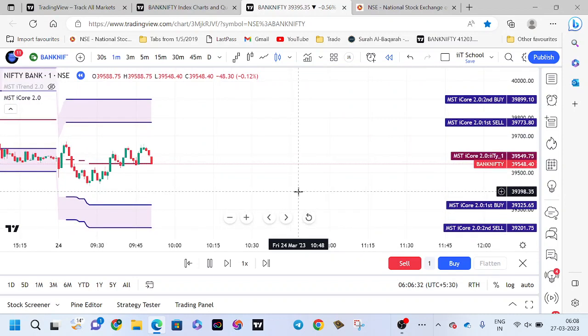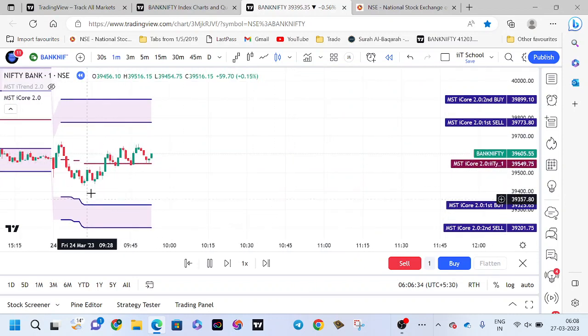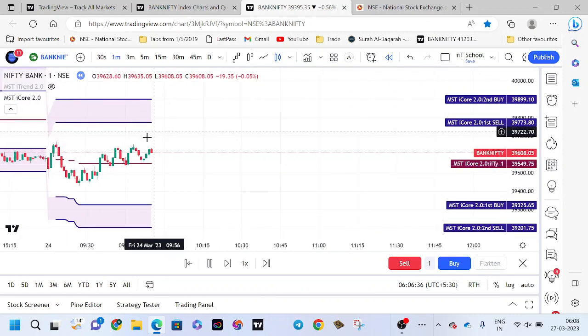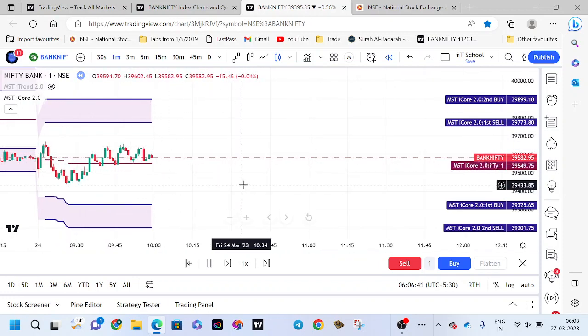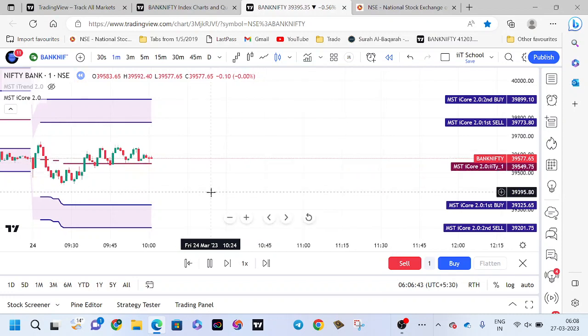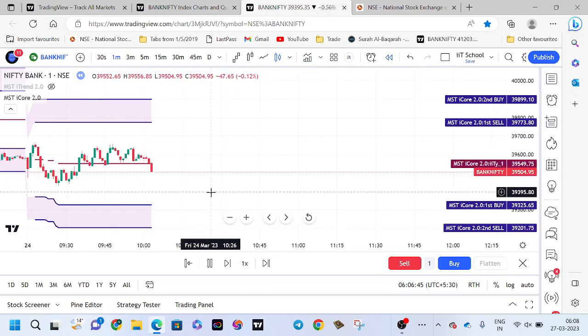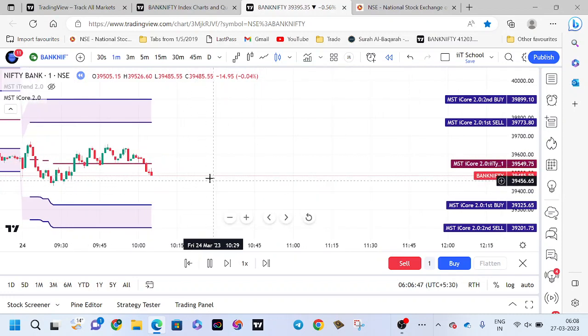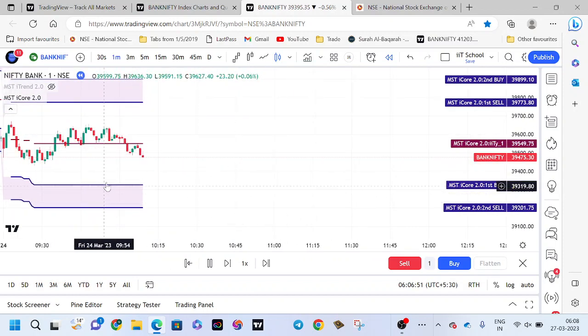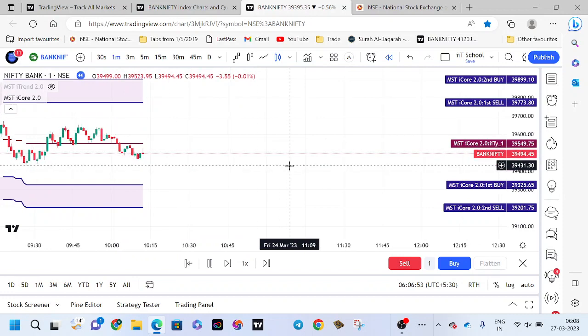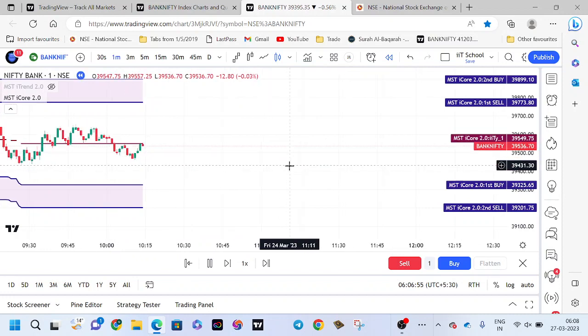That is one option. Another option, if the market is going to the upper side, near 39,773, we can buy the midpoint, that is the 39,500 put option. Otherwise, if the market is coming down to 39,300, you can buy the same strike price, that is the 39,500 call option.